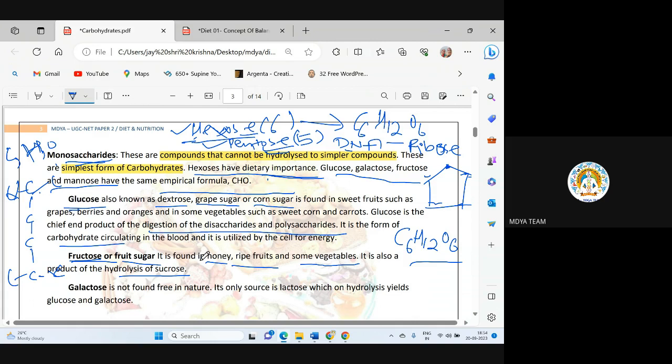That is the human sperm cell. Human sperm cell has a collection of fructose and it uses fructose in order to generate energy. So this you should remember.